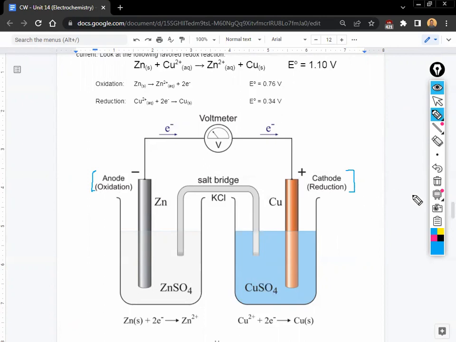That's the first important thing. If we wanted to write a list of things to figure out, we want to find the side that's being oxidized. The side that's being oxidized, we call the anode, and the side that's being reduced is called the cathode.